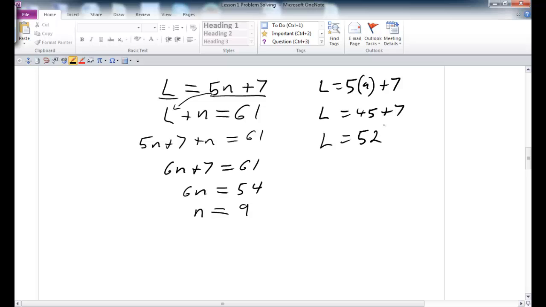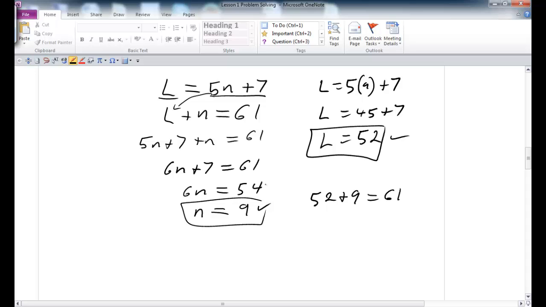Now we should check that these all work. We can see that if n is 9, L is 52, and then L plus n we're supposed to equal 61. 52 plus 9 does equal 61, and so we know we've done everything correctly. So I need to put a box around them, and then since it's a word problem, we have to finish off with a sentence answer.